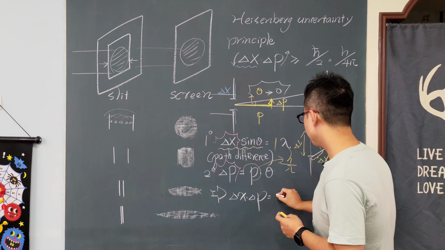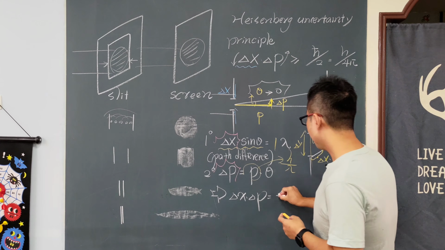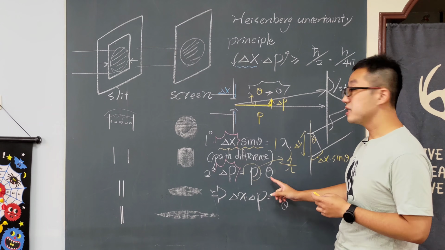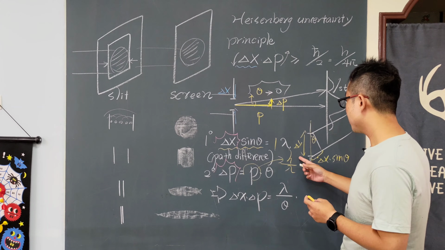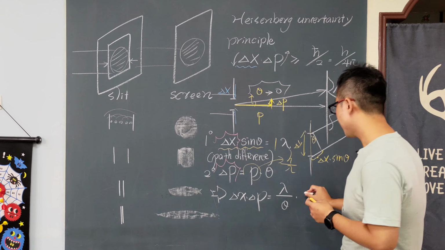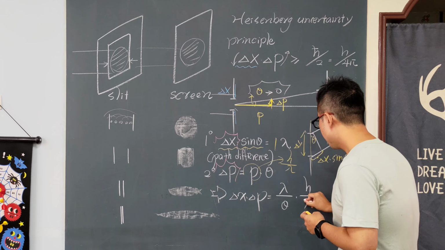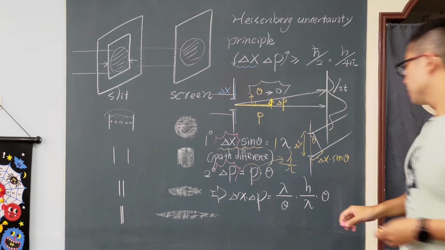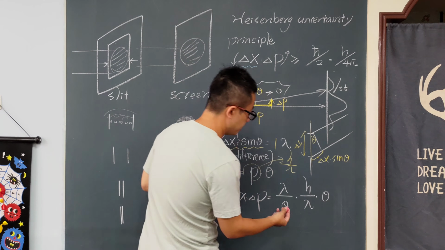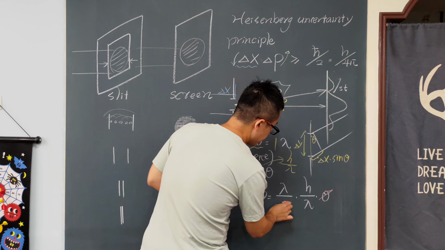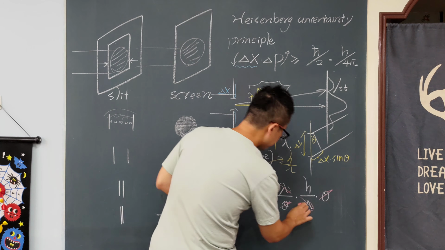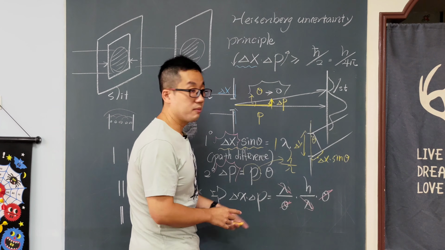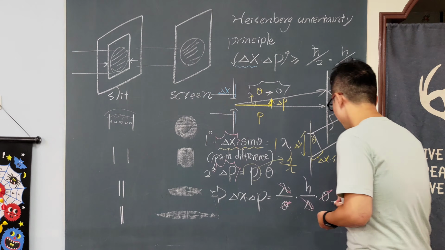So delta x can be expressed as lambda divided by theta, times delta p. And delta p is p times theta, where p is h, the Planck's constant, divided by lambda. Awesome. So you can now cancel the theta and the lambda. The uncertainty in position times the uncertainty in momentum is now equal to the Planck's constant.